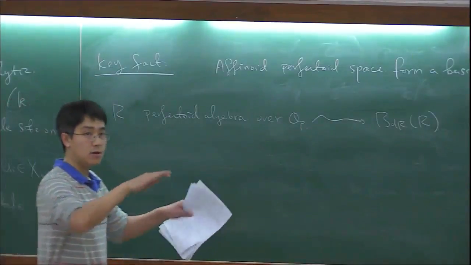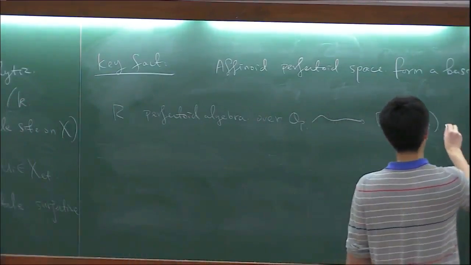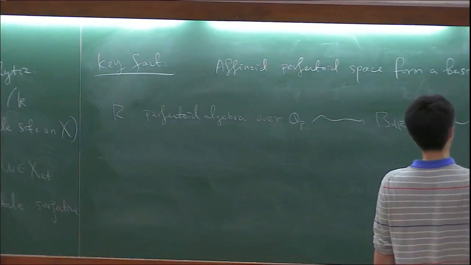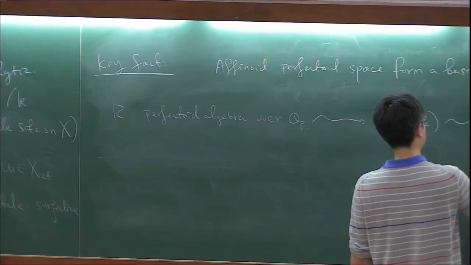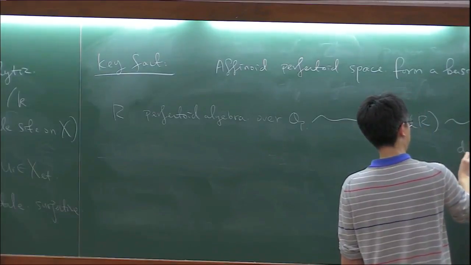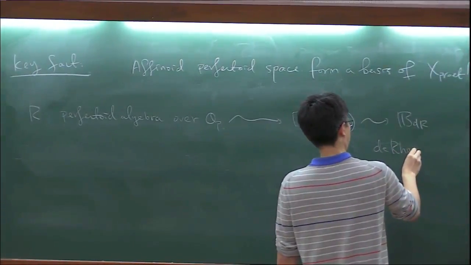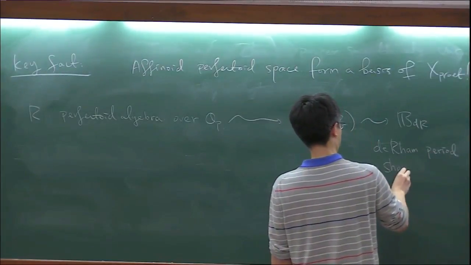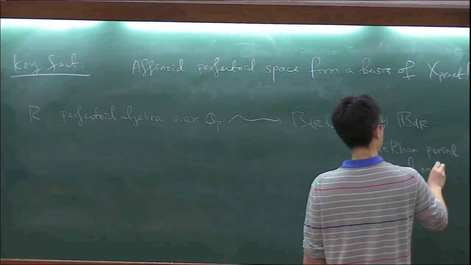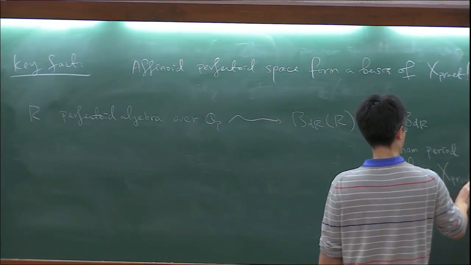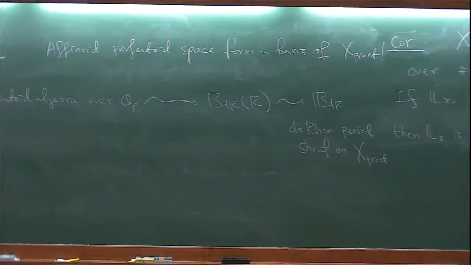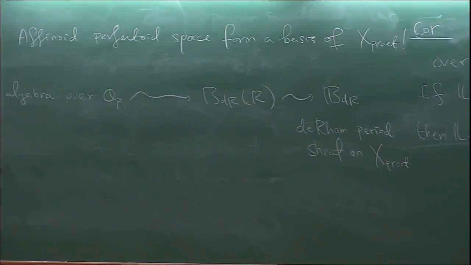And further, you can glue all of these and get the so-called de Rham period sheaf. This sheaf is on the pro-étale set. We can only define the sheaf on the pro-étale side. We cannot do it on the étale side, because this kind of thing never lives on the étale side.